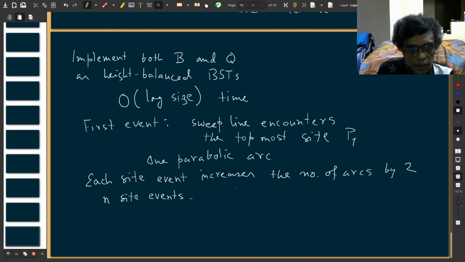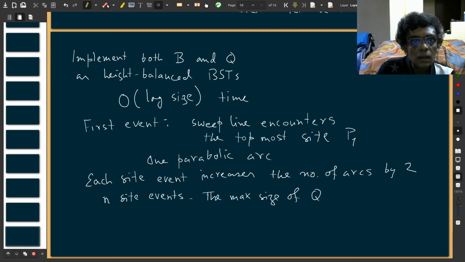So the maximum size of B is therefore 2n minus 1.